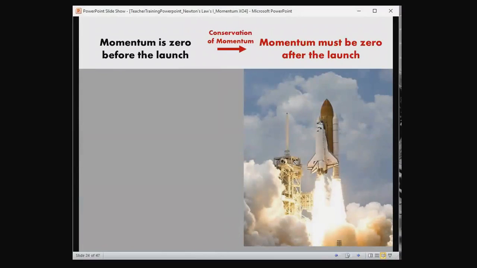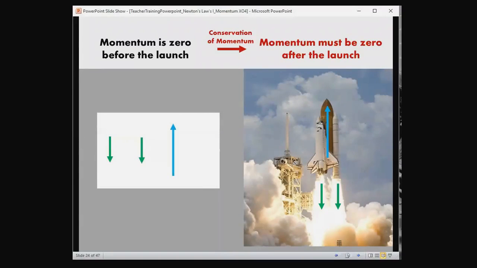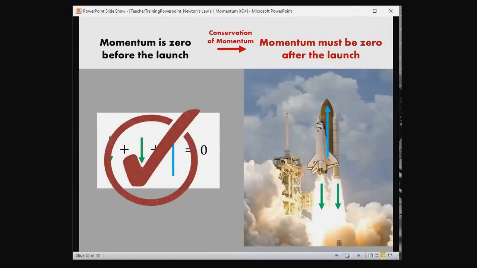If we look at the momentum of all these gas particles being shot out, and combine that with the momentum of the rocket moving up, if we were to add all of these vectors together, we will see that they all add together to give us the zero vector. So as we see, after the launch, the total momentum is zero. So this obeys the conservation of momentum.